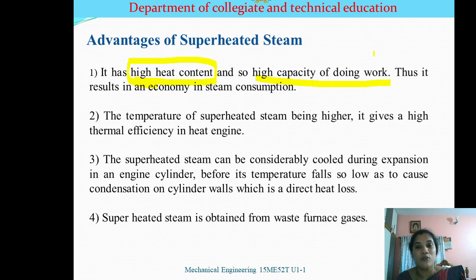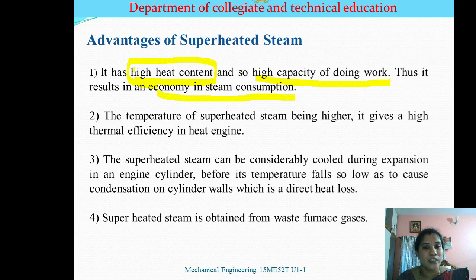So a high capacity of work can be obtained by using this superheated steam. This will result in economy in steam consumption, that is, the amount of steam consumed will be comparatively less, because with a small amount of steam we can produce a large amount of heat and a large amount of work can be done. Hence the efficiency of the steam plant will be increased.